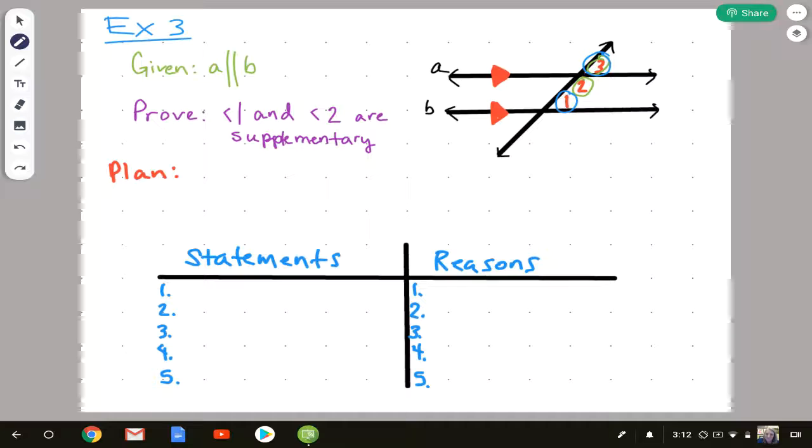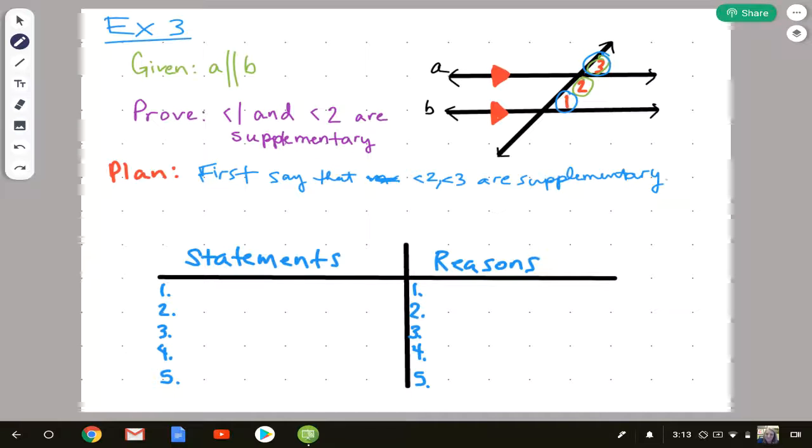to first say that angle 2 and angle 3 are supplementary. Now I'm not really giving reasons for that right now, I'm just making my plan out.